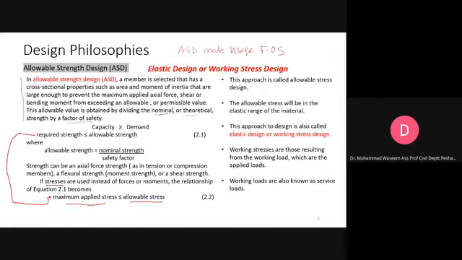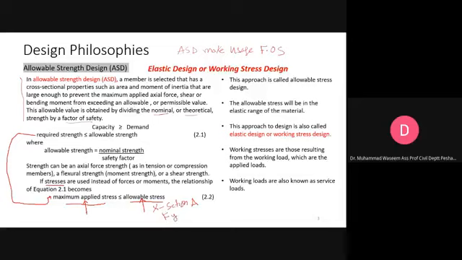Obviously this is derived from the loads, and this comes from the resistance of the material. And the resistance comes from the cross-sectional area and the material properties such as Fy.